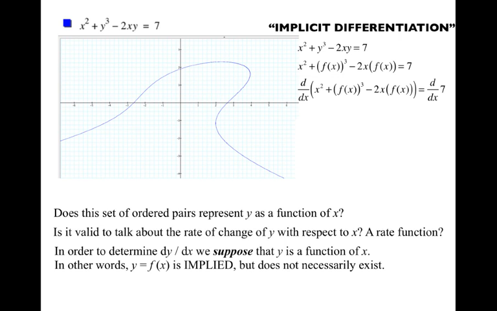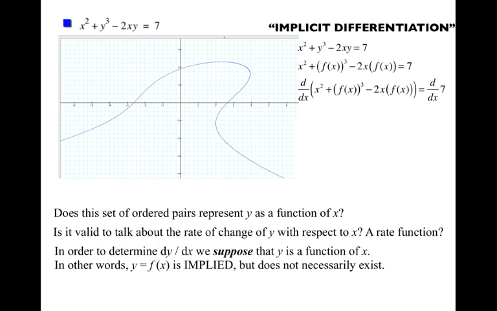So on the left, what is its structure? x squared plus y cubed minus 2xy. What is that? Sum and difference. That's our easiest rule. All we have to do is take the derivative of each individual term. So we start with the first one. Derivative of x squared is 2x.